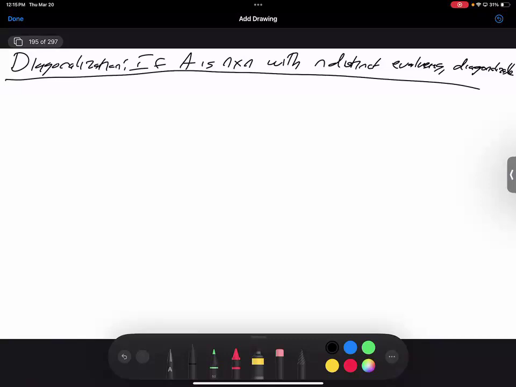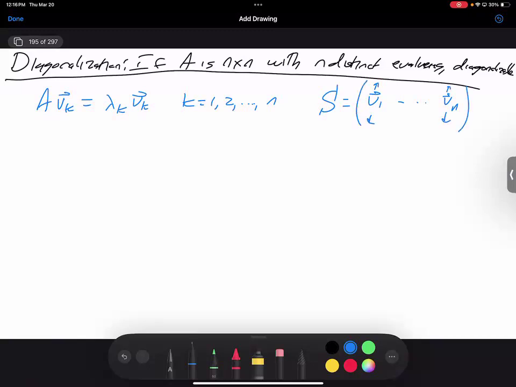Let A Vk equal lambda k Vk, where k goes 1, 2, all the way up to n, and let S be the matrix with V1 as the first column, all the way to Vn as the nth column.